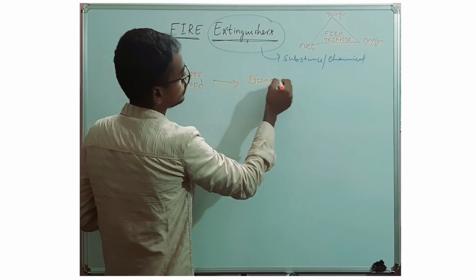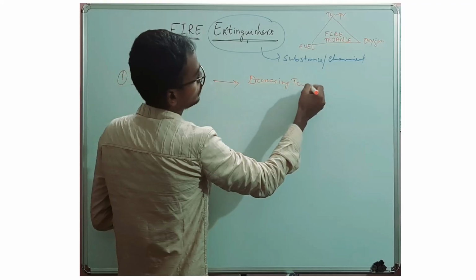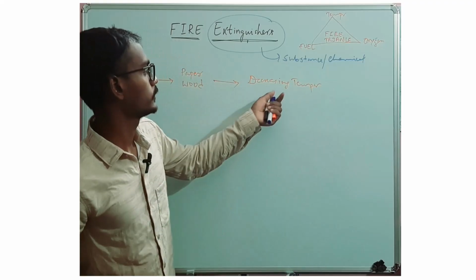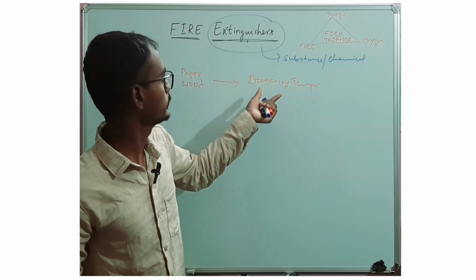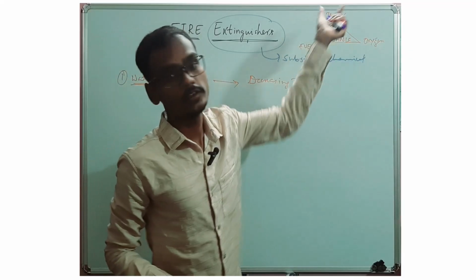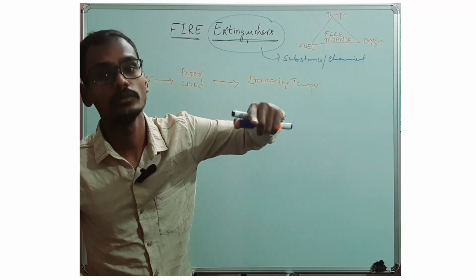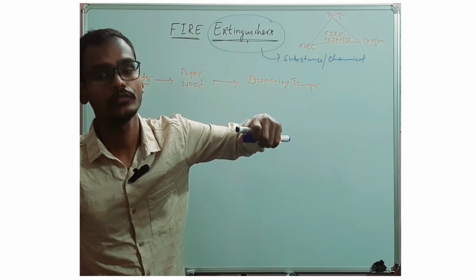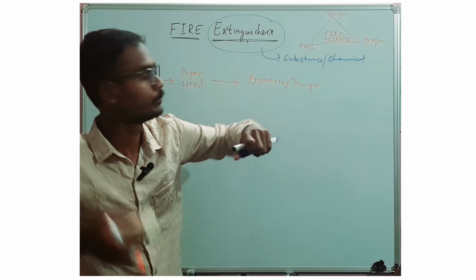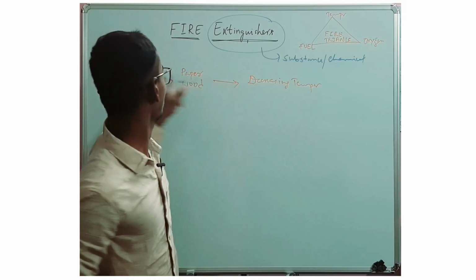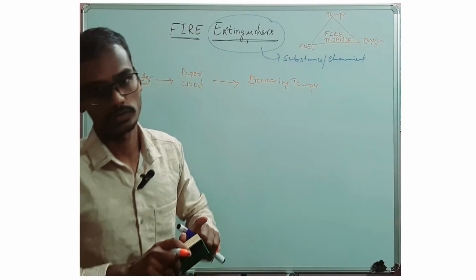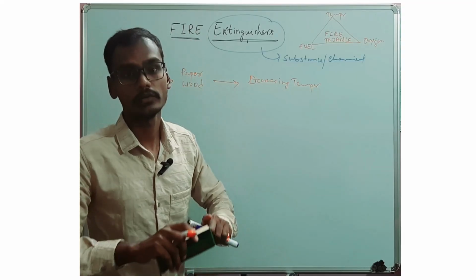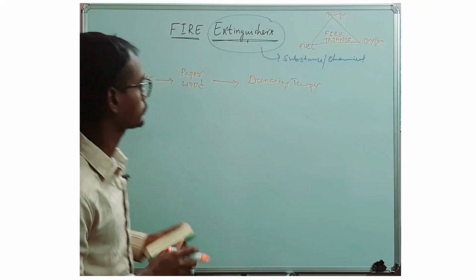What did water do here? It brought down below the ignition temperature, the minimum temperature required for the fire to come up. It decreases the temperature, then automatically the fire will be destroyed, right?